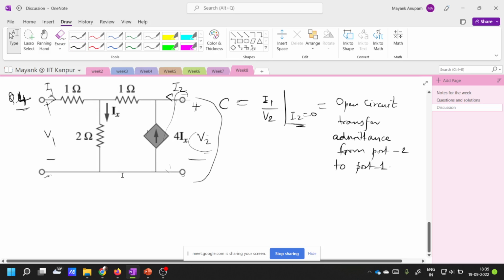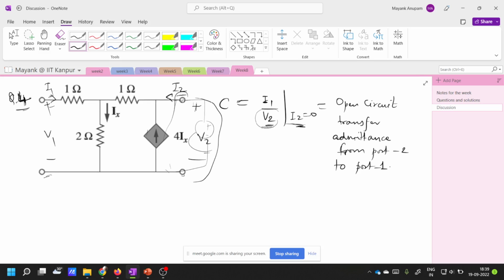So you see that in this case you will have to proceed with a slightly different approach. Generally, the denominator here acted as an independent source, right? So you would apply a voltage source here like this, and then find the current I1. But you cannot do that here because it is clearly mentioned that this current I2 has to be equal to 0.